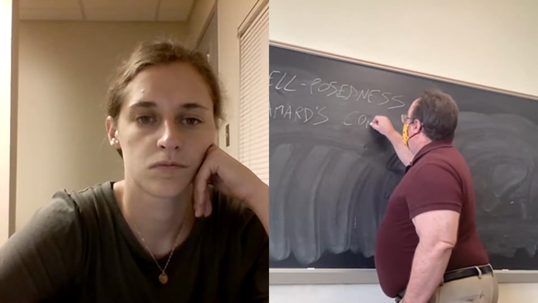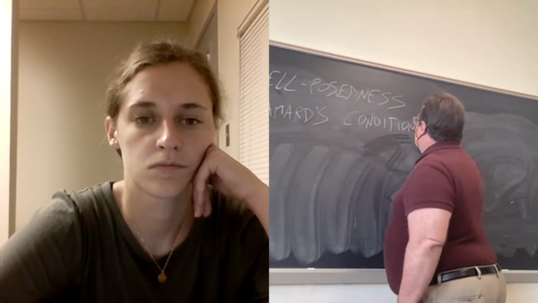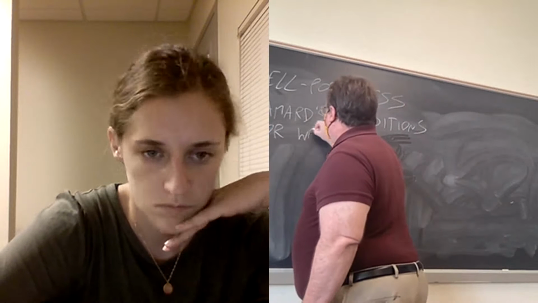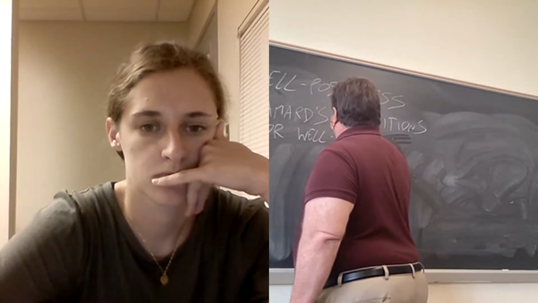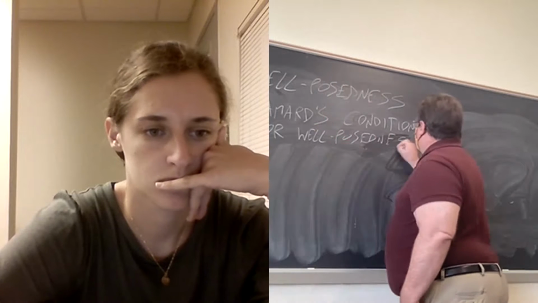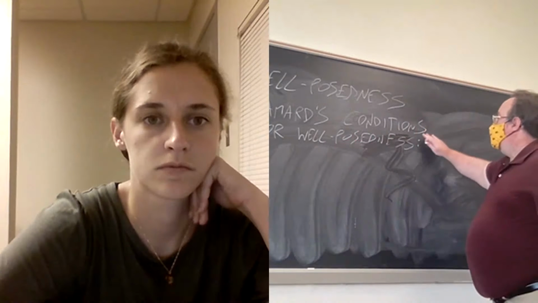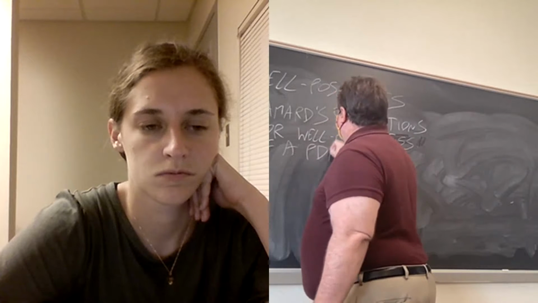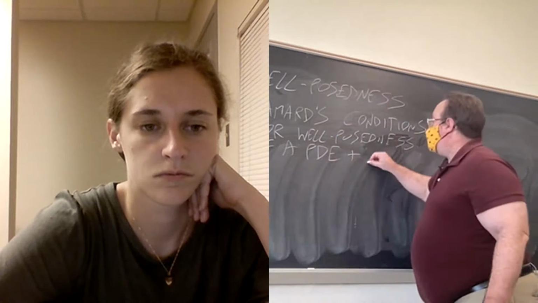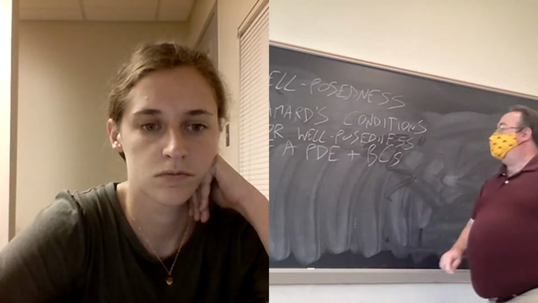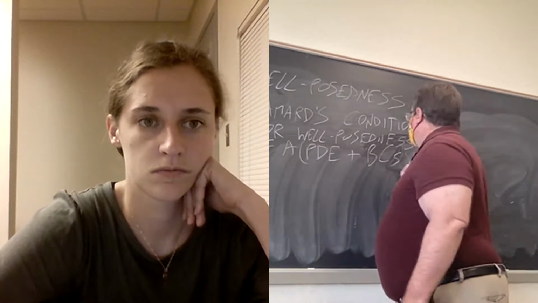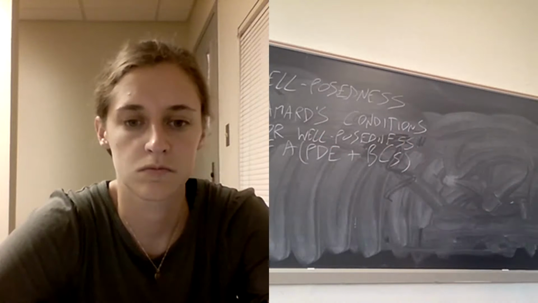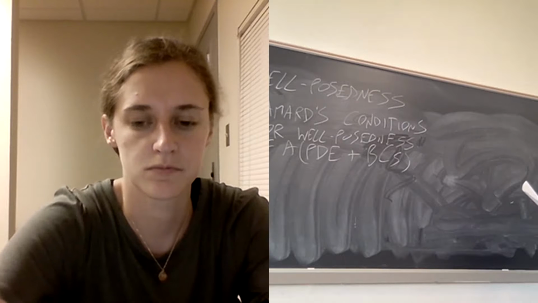So, such a problem needs to satisfy what's known as Hadamard's conditions, or well-posedness, of a PDE plus whatever boundary conditions it has, which may also be initial conditions if the boundary in question is on an interval representing time.